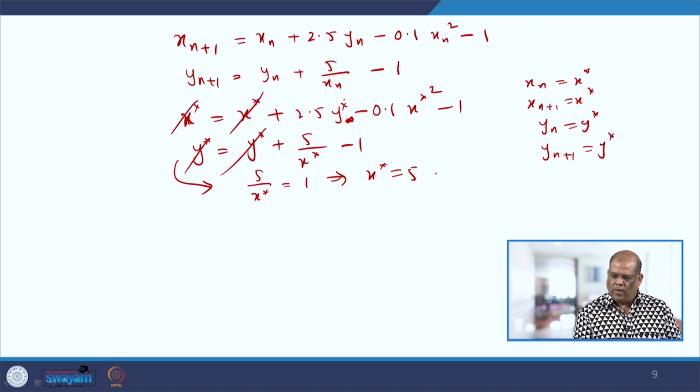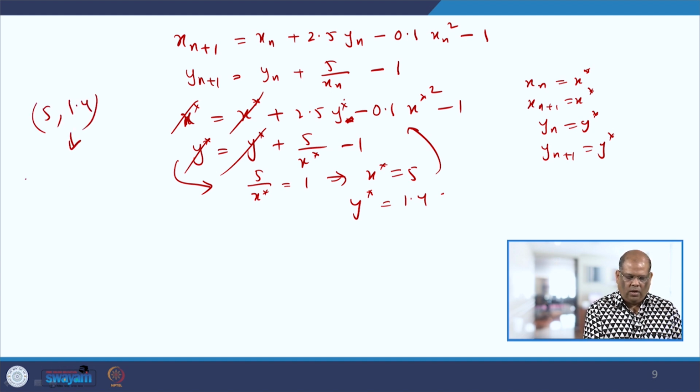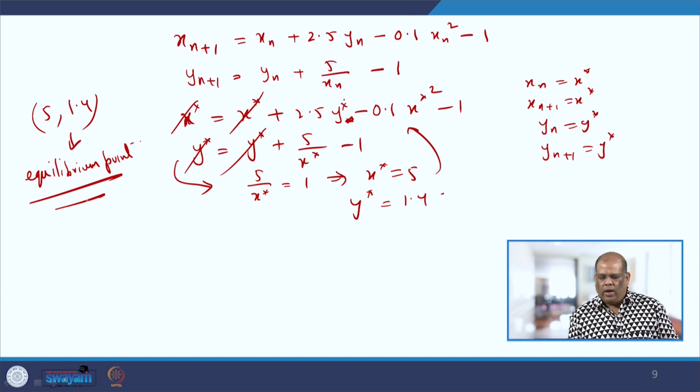You plug this value here and you get your y star as 1.4. So, you have 5 and 1.4 as your equilibrium point, and you can easily check that this equilibrium point is unique.